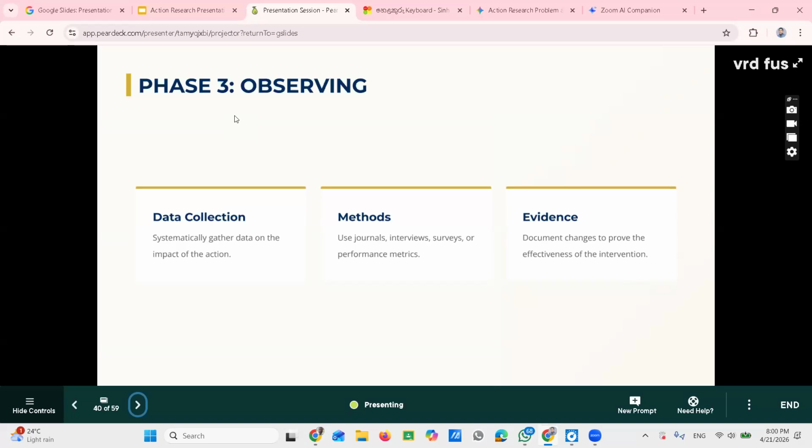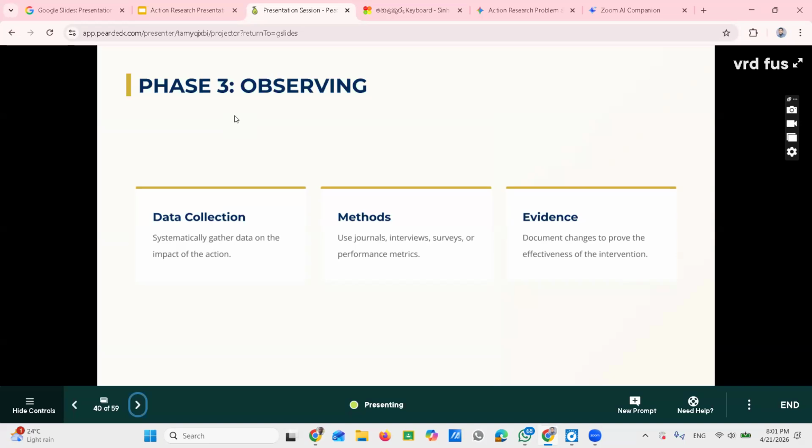Then you want to think about how to collect this generated data. For the methods, you can use journals, interviews, surveys, or performance metrics to collect the data.